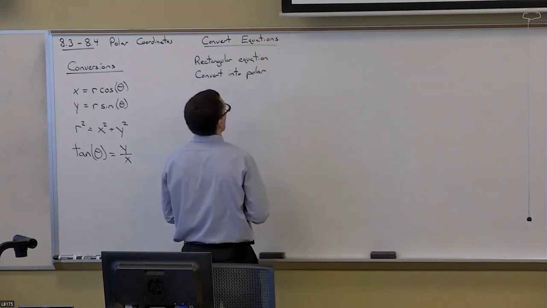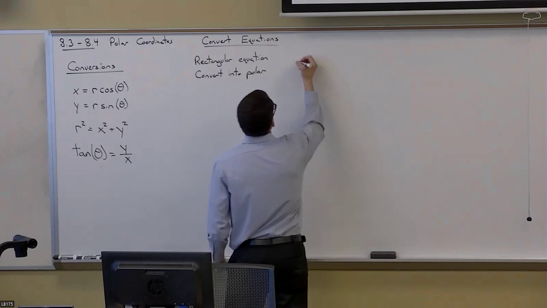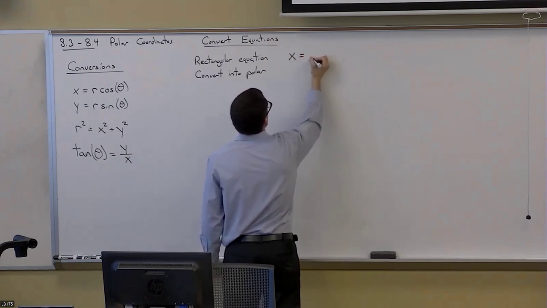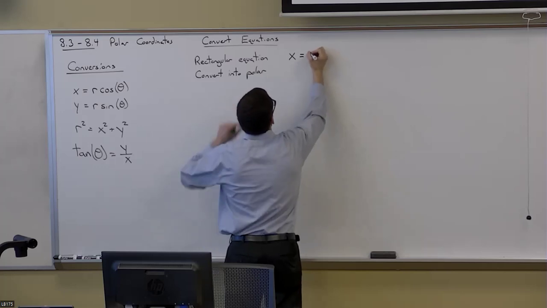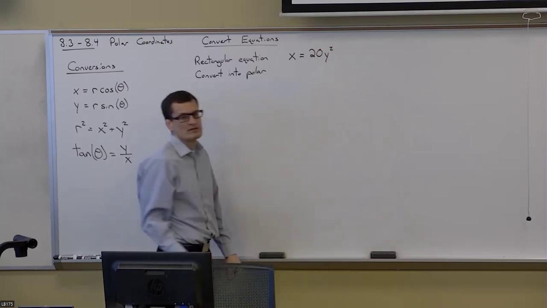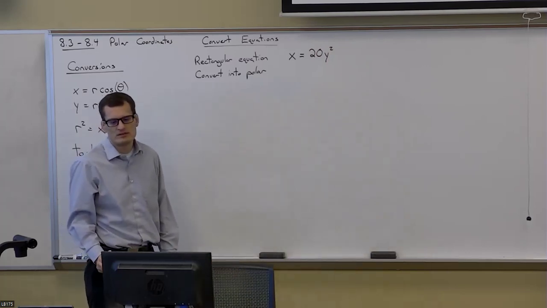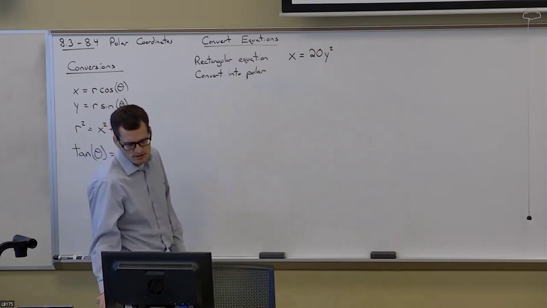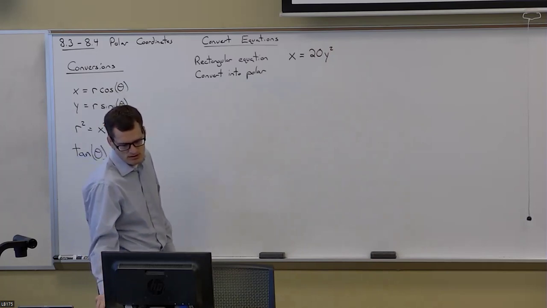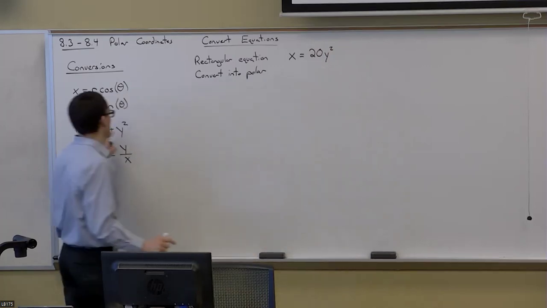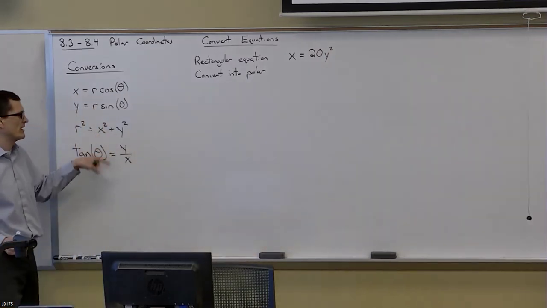Let's say we have a parabola, vertex at the origin, so x is equal to, let's just do 20 times y squared. Again, I don't have the x squared plus y squared. I don't have the y over x.